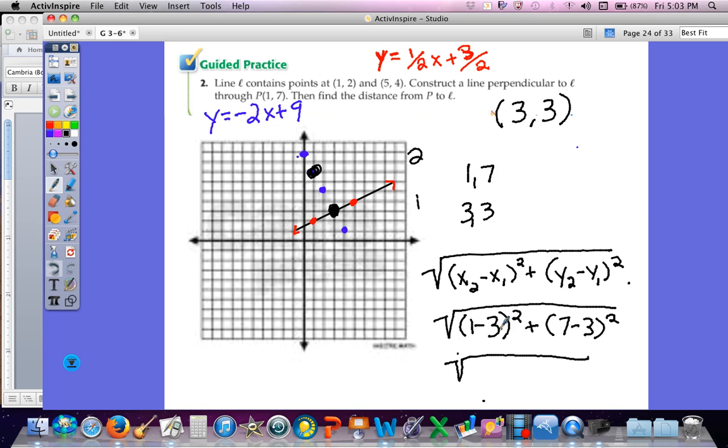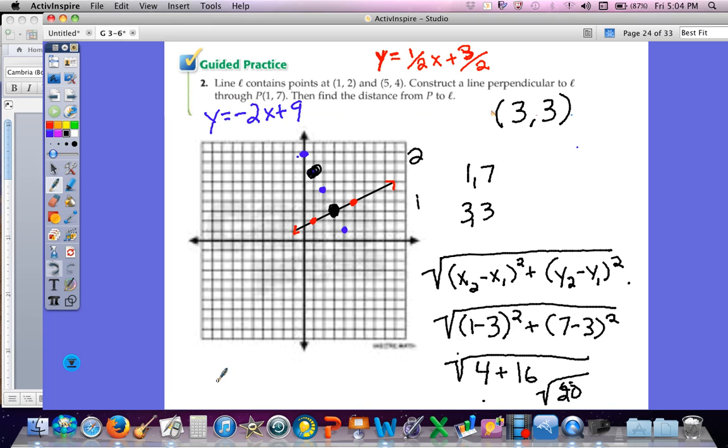1 minus 3 is -2. -2 squared is 4. Plus 7 minus 3 is 4. 4 squared is 16. 4 plus 16 is 20. So we are looking for the square root of 20.